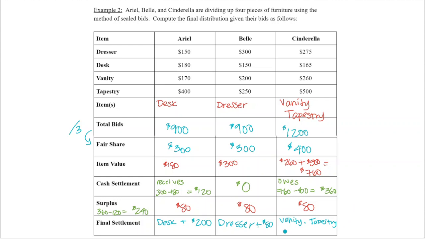And then she actually owes $360 minus 80, which is $280. And as a check, Ariel and Belle, they get $200 plus $80, which is $280, and that's how much Cinderella owes. So you can always check that those values match. So that is the method of sealed bids for this situation.